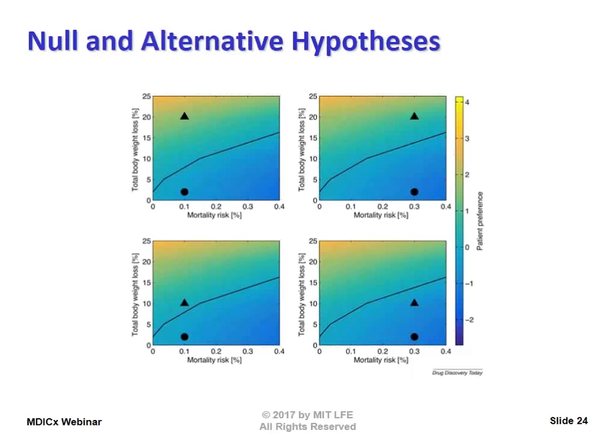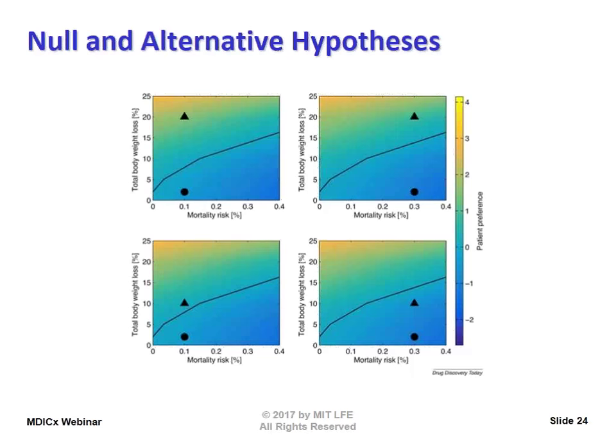Now, in the case in the bottom left, we have the case where the device has low mortality risk and low total body weight loss, and so this is a relatively safe device, but also one that's not expected to provide substantial benefits. And finally, in the case in the bottom right, the final case, we have the least optimal combination, which is high mortality risk and low total body weight loss.